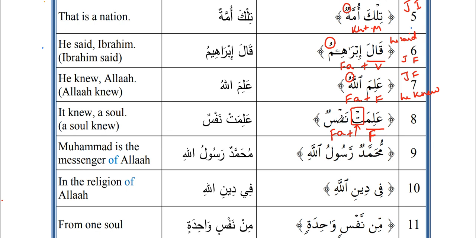Nafs is also feminine. That's why the sign of femininity has come with the verb, to show you that there is a feminine doer. So this is just a small detail of why this open ta has come with the verb alima. So this is also a jumla fe'liyah. Fa'il, we have nafs.